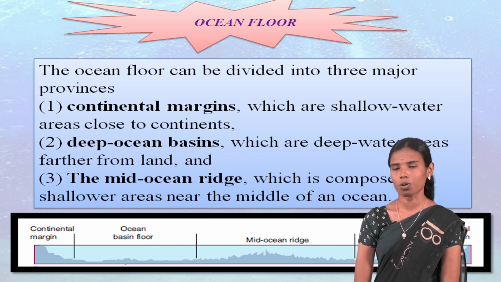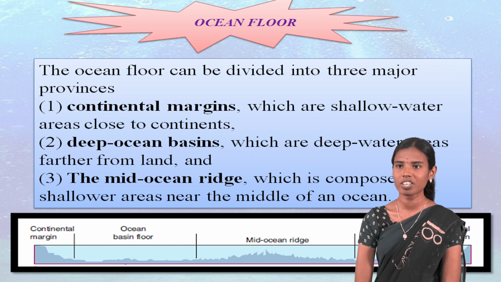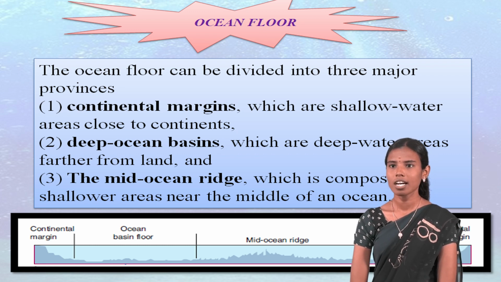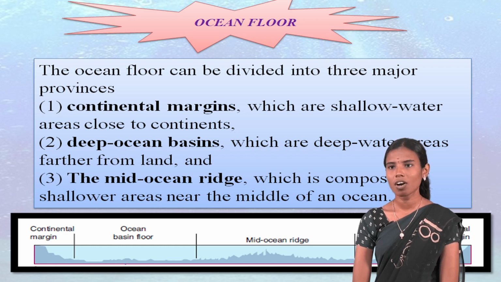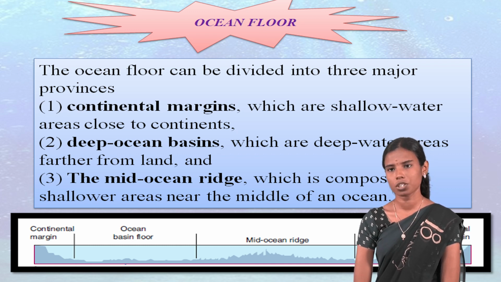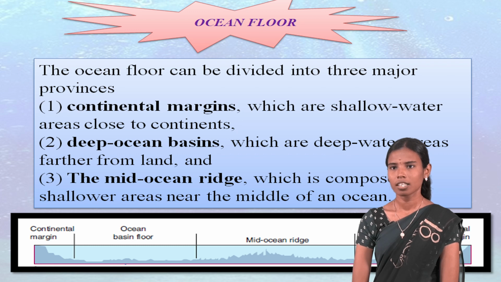The ocean floor can be divided into three major provinces or segments. The first one is the continental margin, which are shallow water areas near the continents. Next, the deep ocean basin, which are deep water areas farther from the land, after the continental margin.